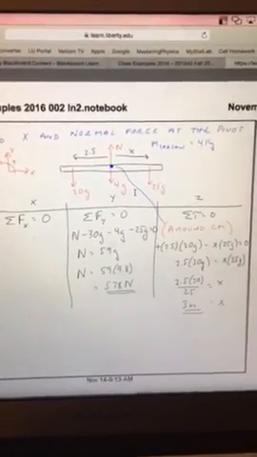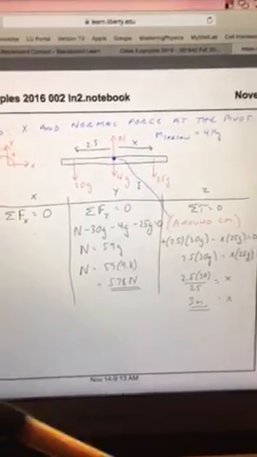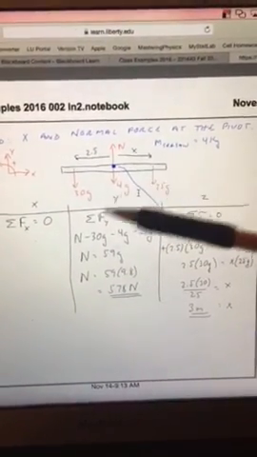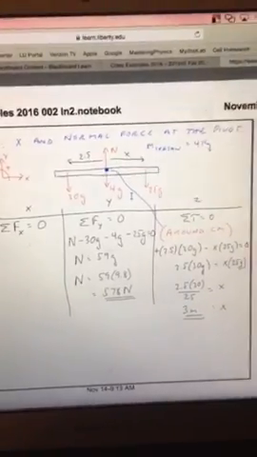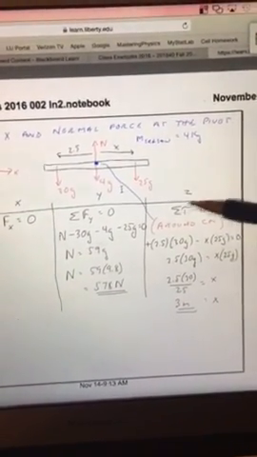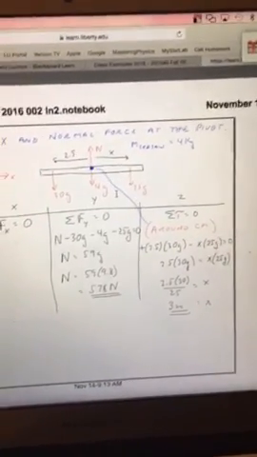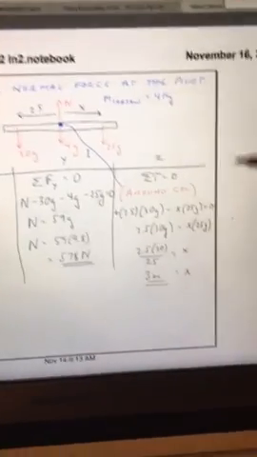Why is this? If an object's in static equilibrium, then there's no net forces acting on it in any way. So there's no net forces acting on it in the X direction, making it move up or down, in the Y, making it move from side to side, and then not in the Z, which is angular, it's not rotating. Okay, so we just know that it's in static equilibrium, it's not moving.